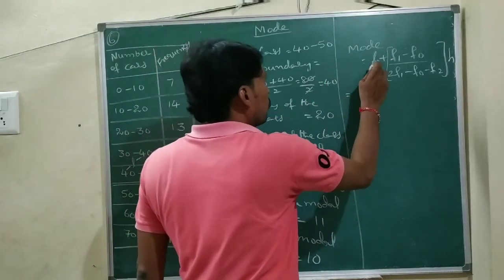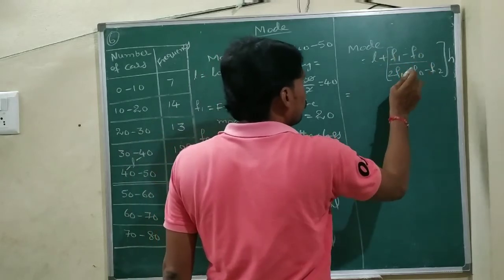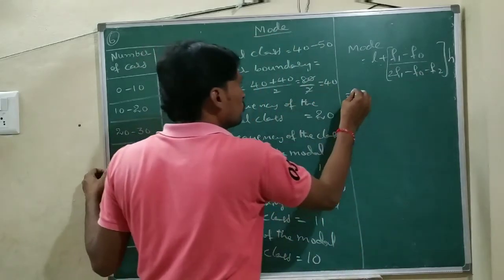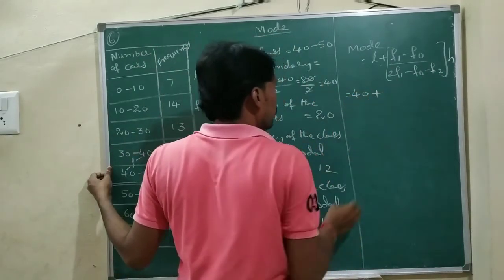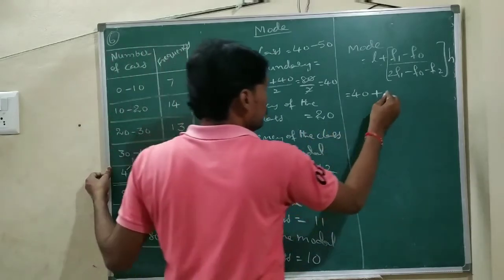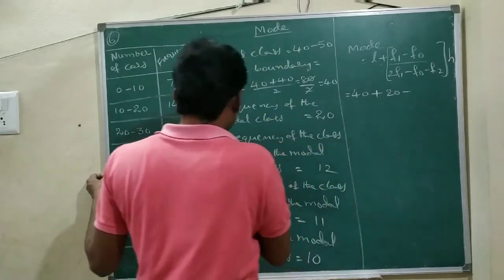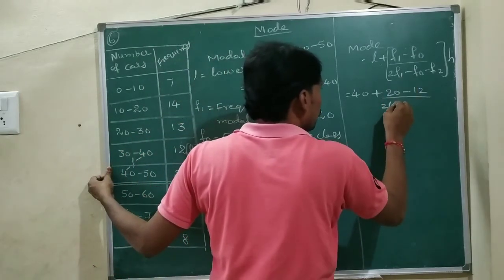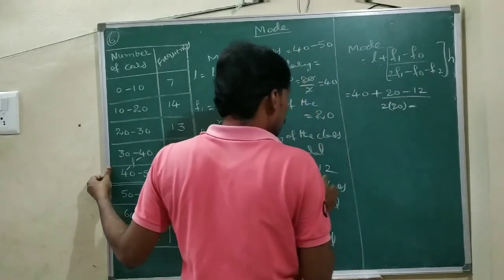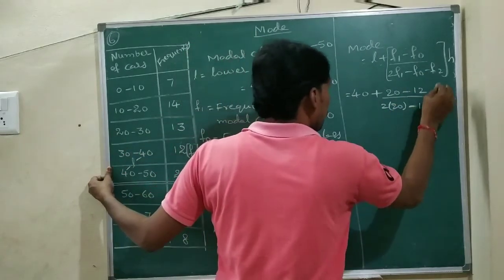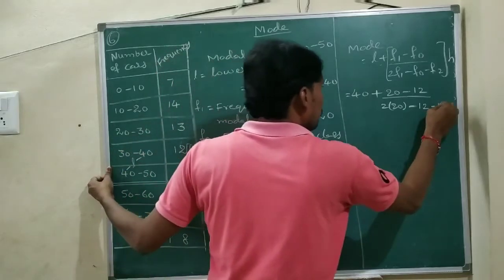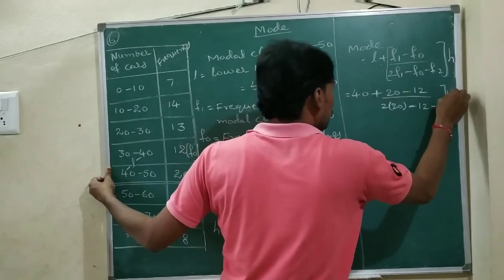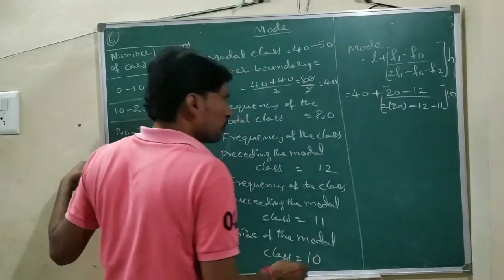Mode equals L plus (F1 minus F0) by (2F1 minus F0 minus F2) into H. The L value we got is 40, plus F1 value 20 minus F0 value 12, by 2 into F1 value 20 minus F0 value 12 minus F2 value 11, into H value, which is 10.